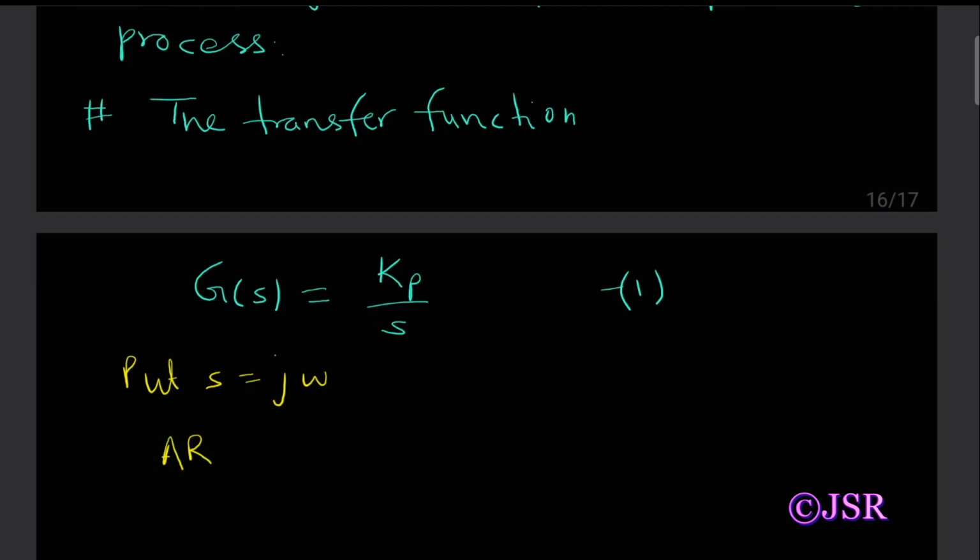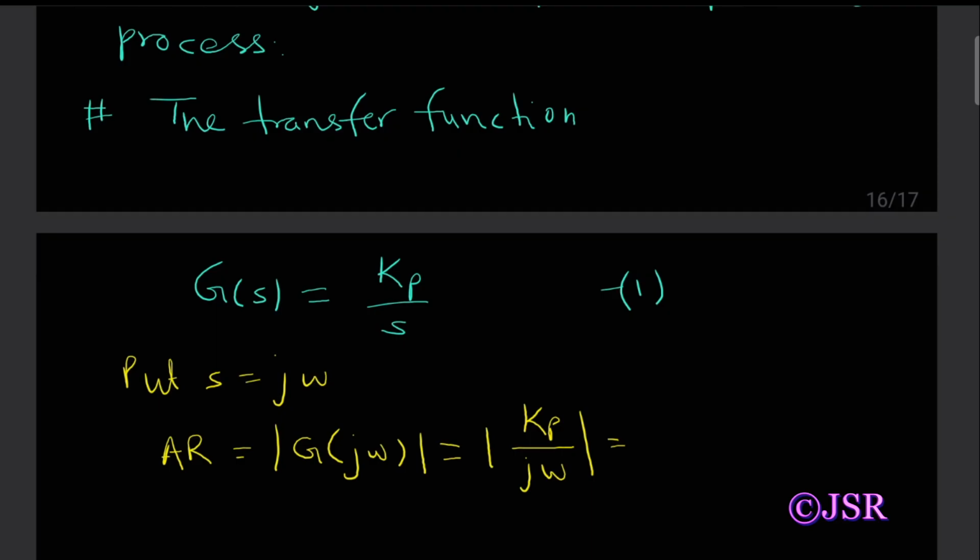We will find the amplitude ratio as the modulus of G of J omega. So this will be equal to Kp upon J omega.